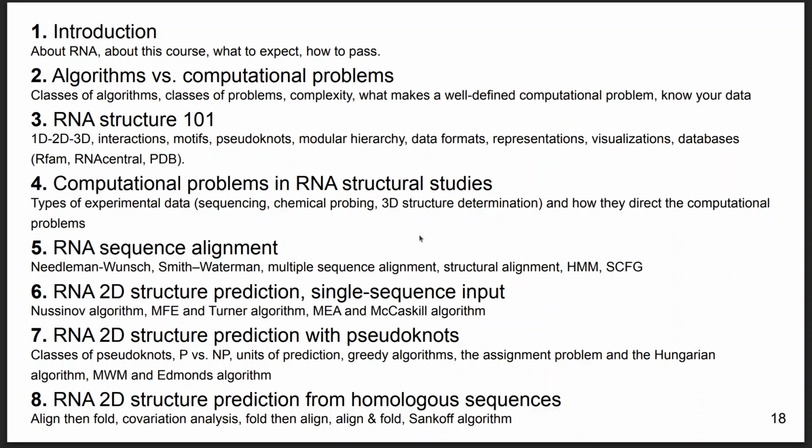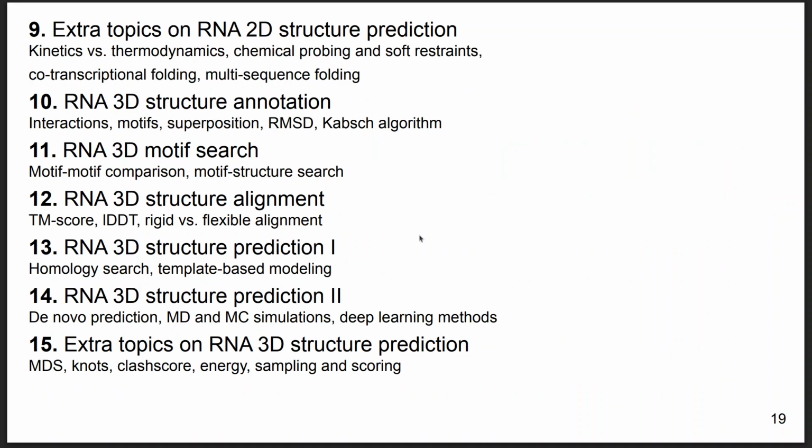Then we have 3 lectures, 6, 7, and 8, on RNA secondary structure prediction in different settings: single sequence input, alignment input, with or without pseudoknots, which are a special type of RNA secondary structure element. Then 1 extra lecture on secondary structure prediction, covering some exotic topics, including, for example, co-transcriptional folding.